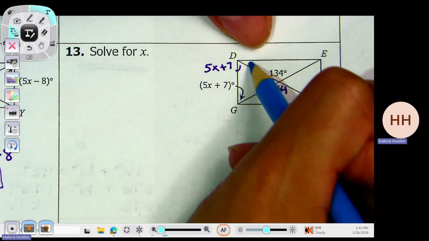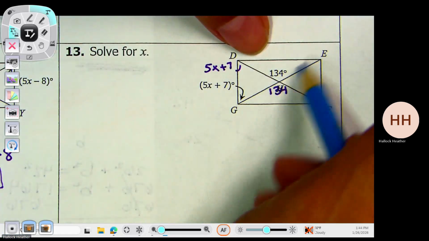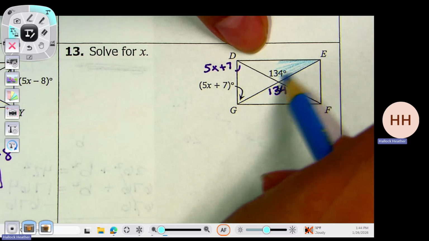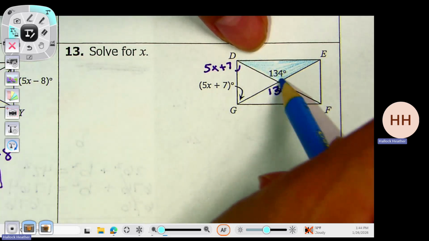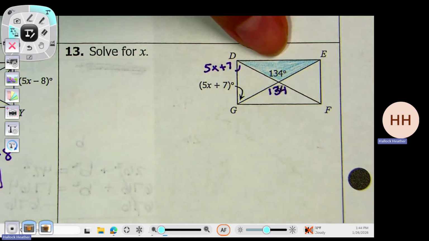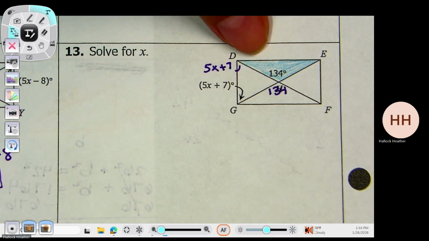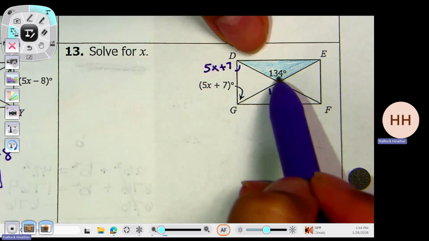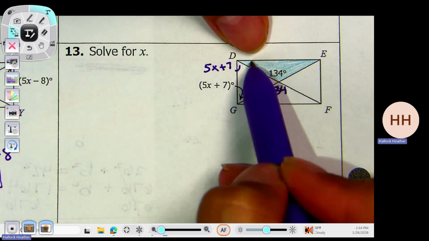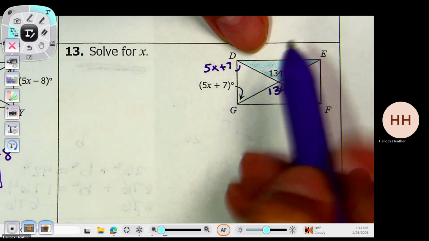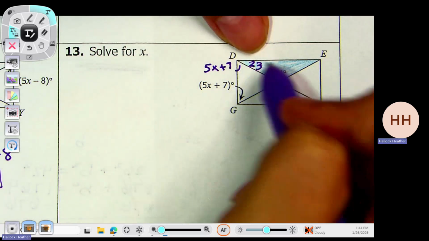Are you talking about finding this angle right here? So what he's saying is, and there's a bunch of different ways to do this, this is one way to do the problem. If that triangle is 134, just like we did on the front, if I minus 134 from 180 and I divide by 2, how much is each corner? 23.